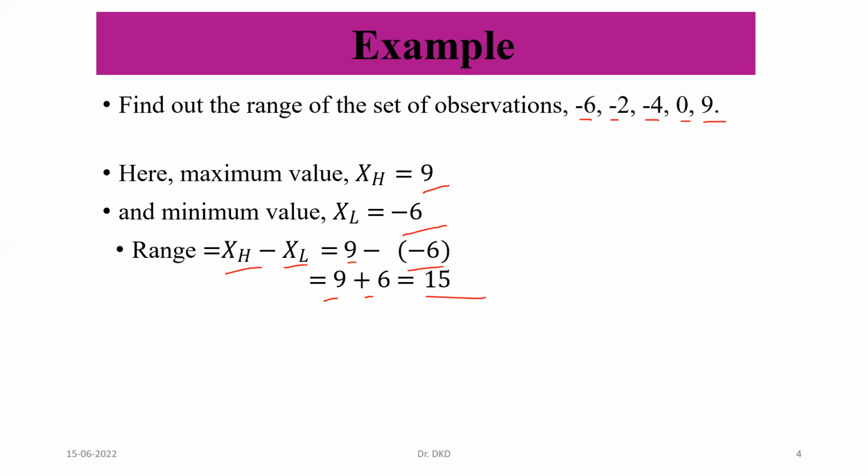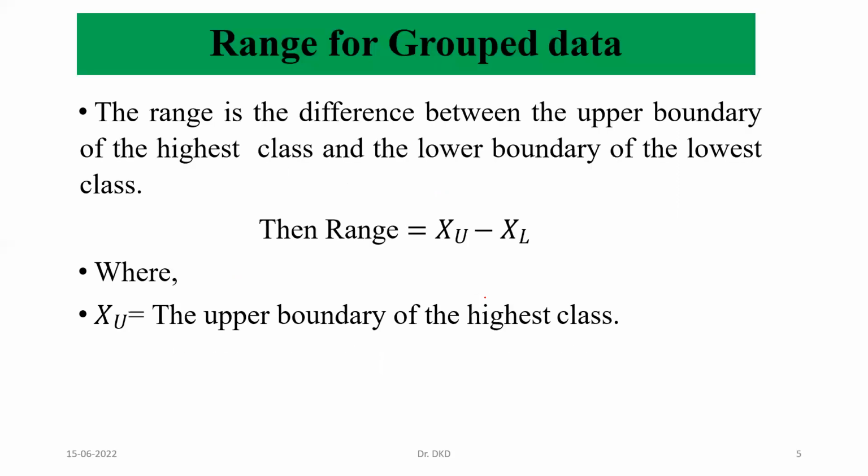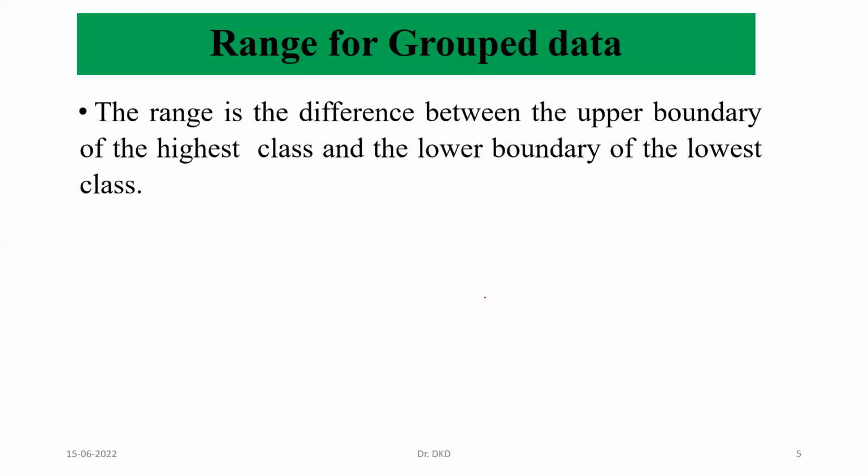Now we'll discuss the next point, which is the range for grouped data. That was ungrouped data, and now we need to discuss grouped data. The range is the difference between the upper boundary of the highest class and the lower boundary of the lowest class.